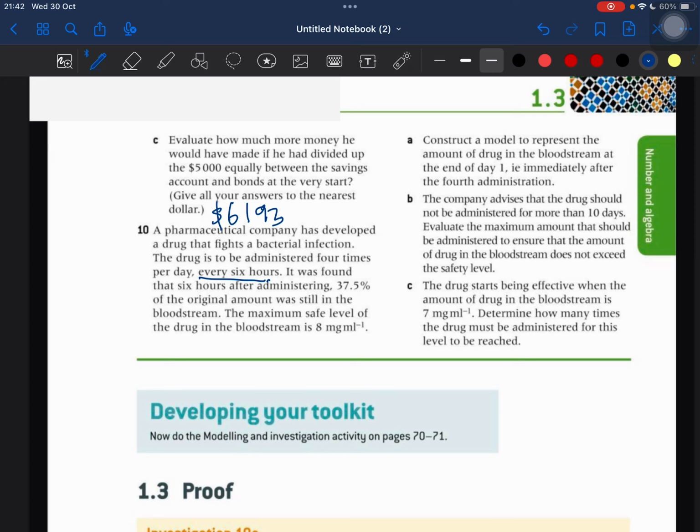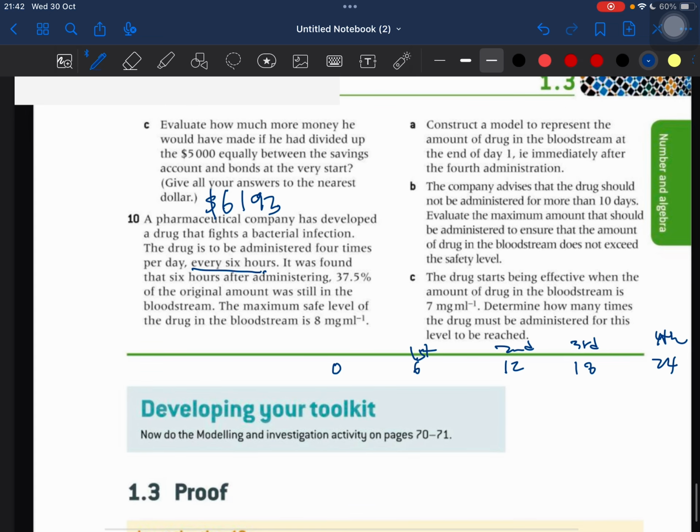So first administration. Let's say 0, after 6, after 6, after 6 hours. He takes his pill here. The original amount, we don't know what the original amount is, so this is x.